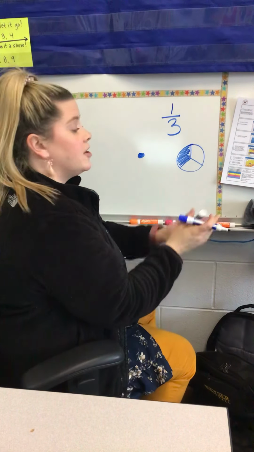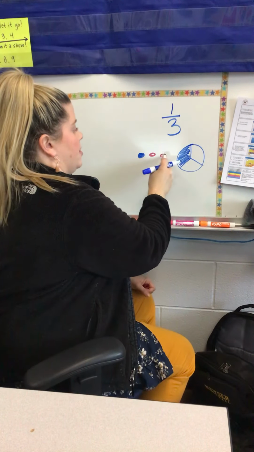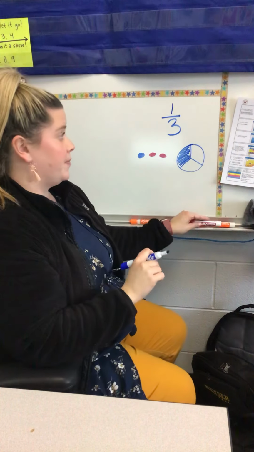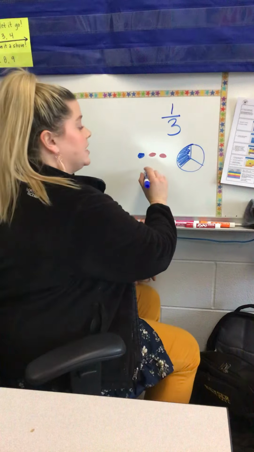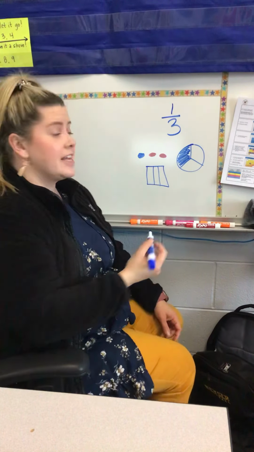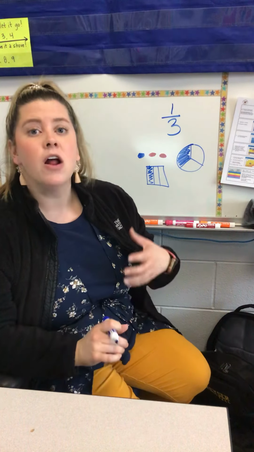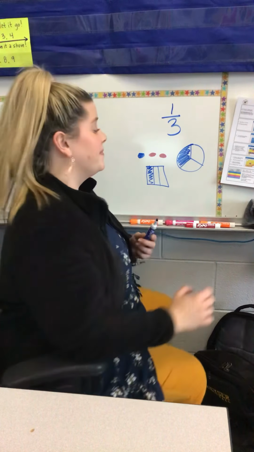Or maybe you're going to make a set. And 1/3 of my set is blue. Okay? And answers, like I said, could be totally different. Maybe you drew a rectangle and divided it into thirds that way. There will be different answers, but when we check it, we'll talk about it, and you can tell if you were right. So you ready?